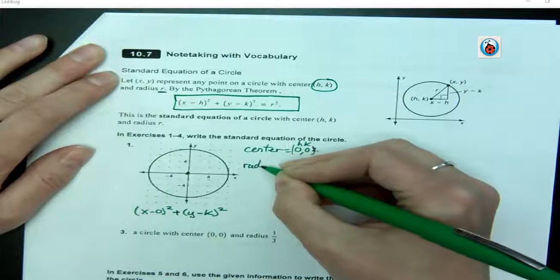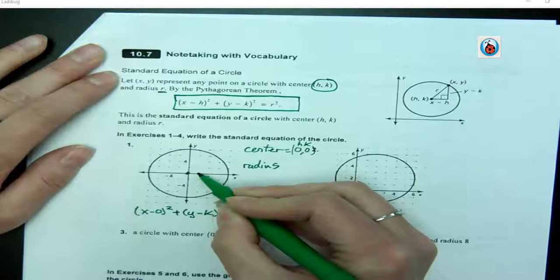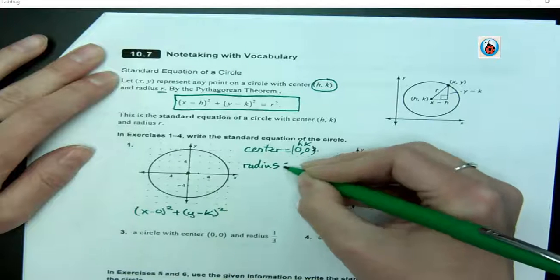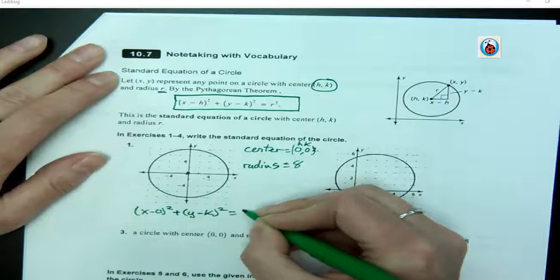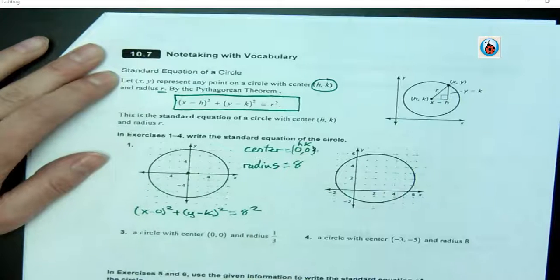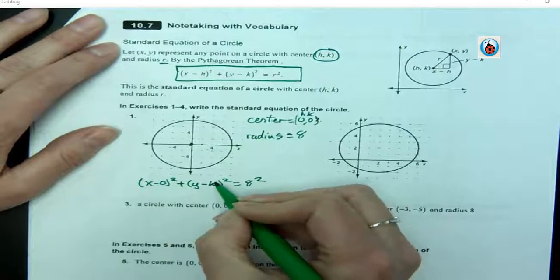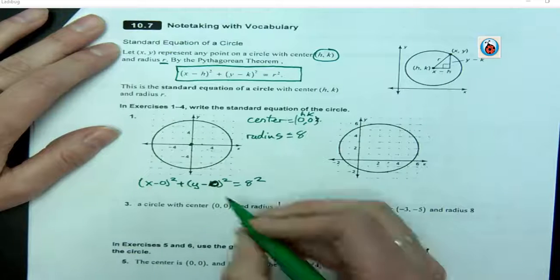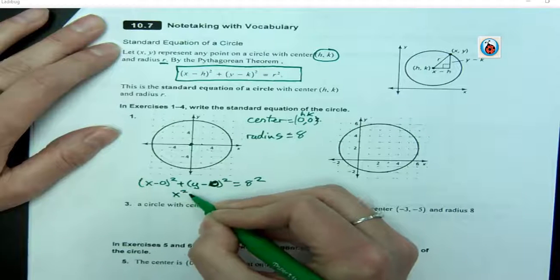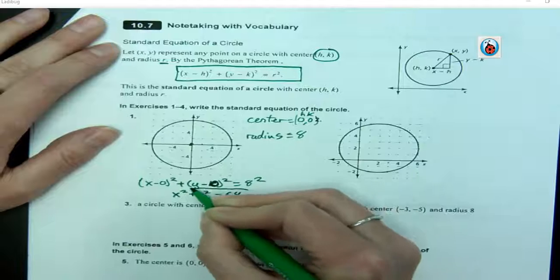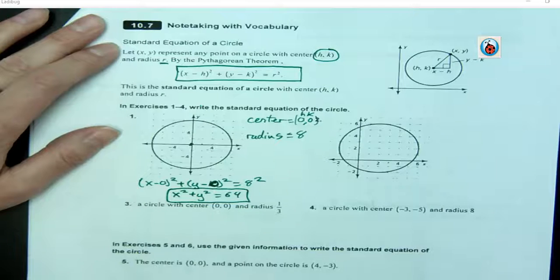My radius is 2, 4, 6, 8. I make sure to look at this, so this is counting by 4s. And so that equals 8 squared. And then I'm just going to simplify. I don't need the minus zeros. I'm sorry, that was minus 0. And so it's going to be x squared plus y squared equals 64. And that is my answer.